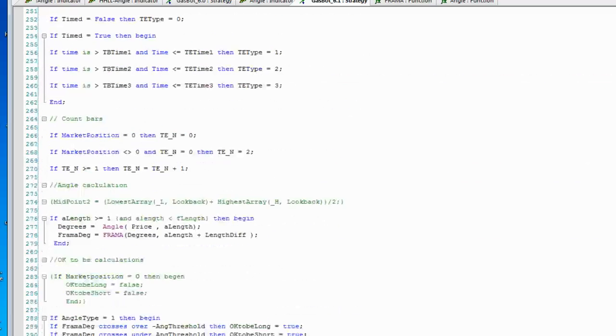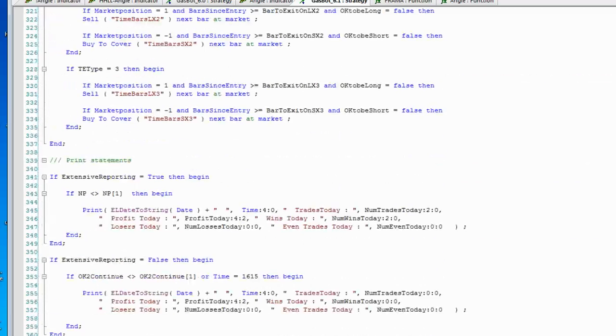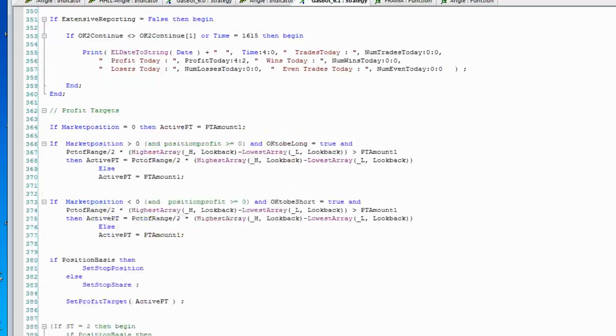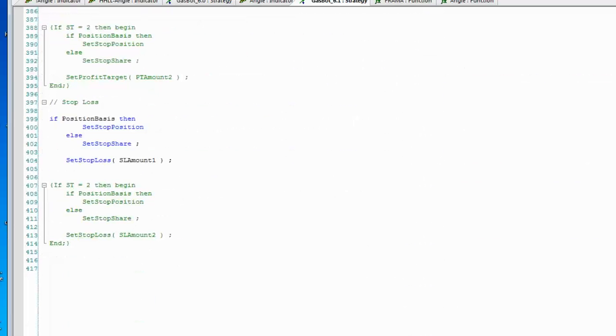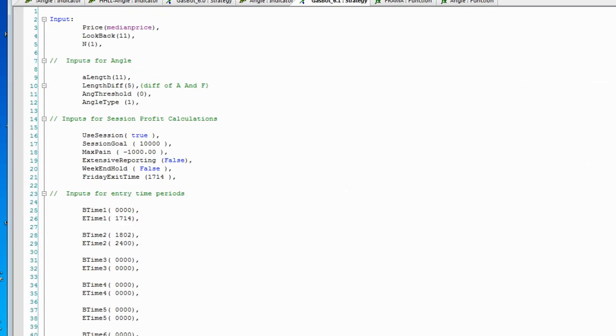Entry orders, angle calculations, timed exits, print statements, and there you go. There must be literally at least 100 lines of code that you could break up and add spaces to make it easier to look at, but this thing's gotten a little more hairy.